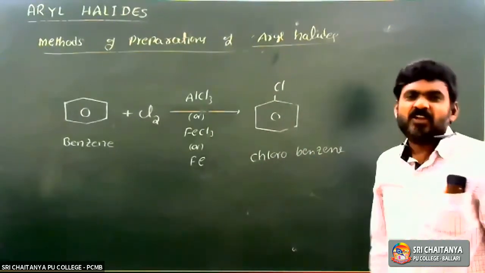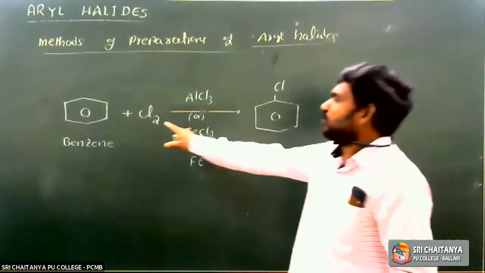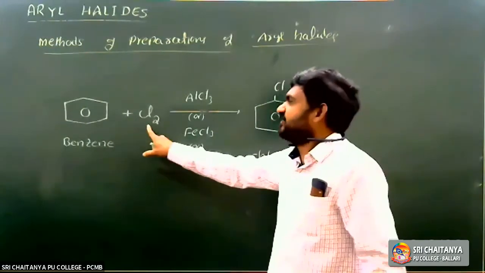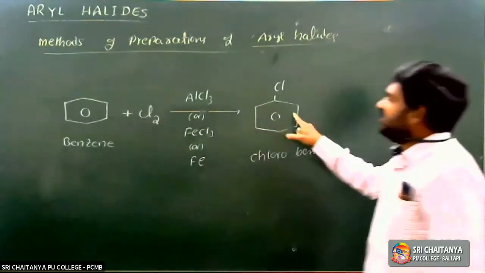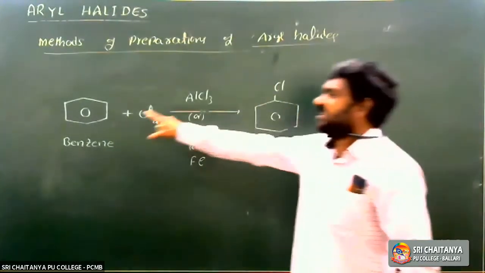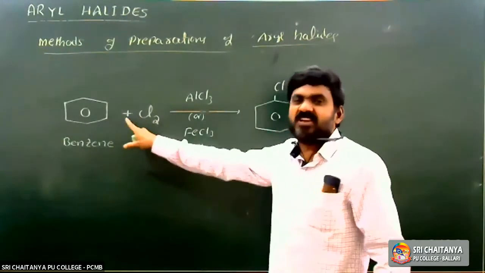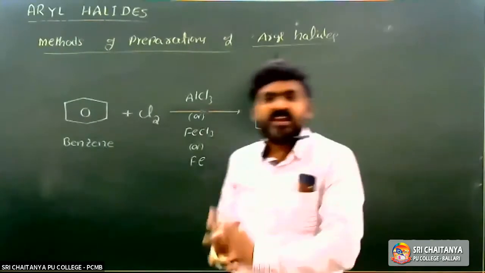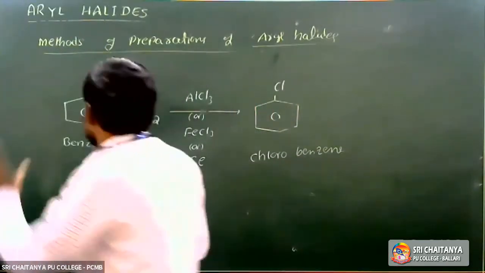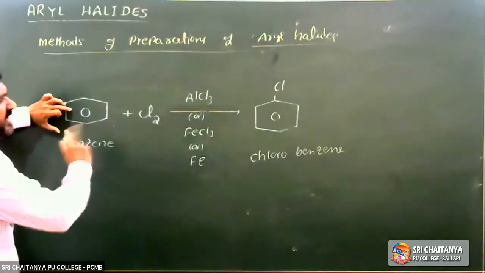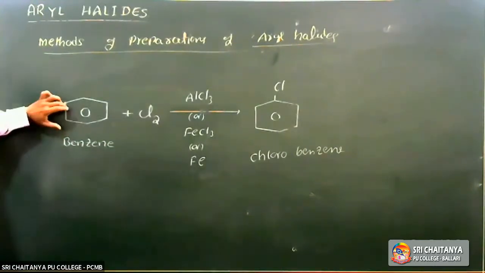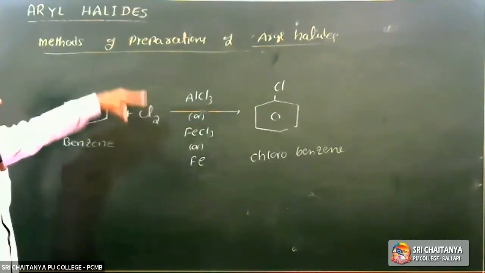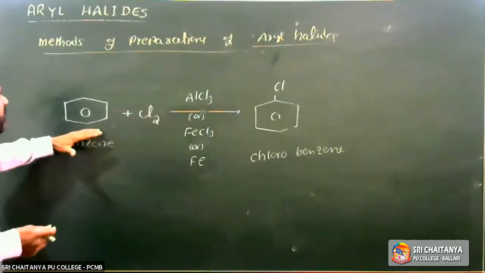Benzene reacts with bromine, and bromobenzene is obtained. Benzene reacts with iodine, and iodobenzene is obtained. Preparation of iodobenzene is also difficult because it is a reversible reaction. So mainly chlorobenzene and bromobenzene are prepared from benzene.